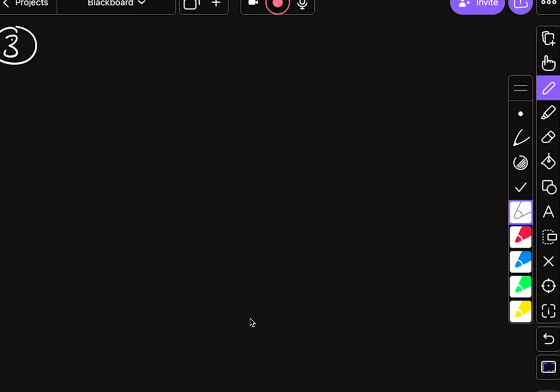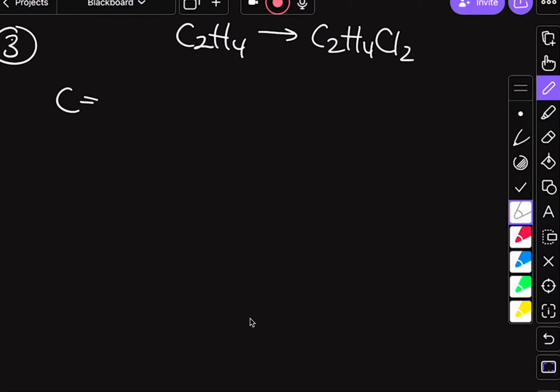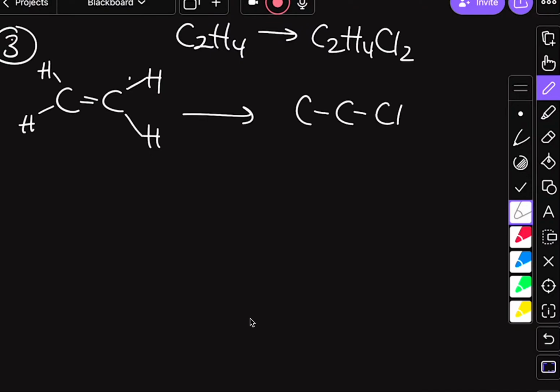Okay, ladies and gents, this is going to be mechanism 3. For mechanism 3, you might see something like C2H4 becomes C2H4Cl2. If you're to draw that out, just so you can be very sure about what's going on, this is what it would look like.